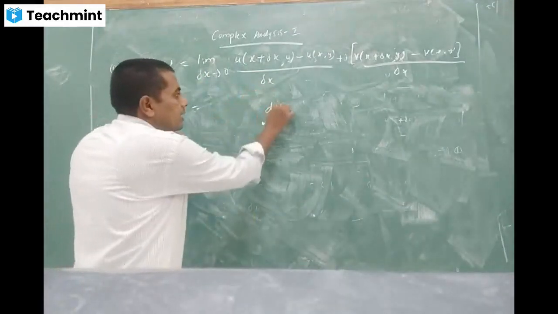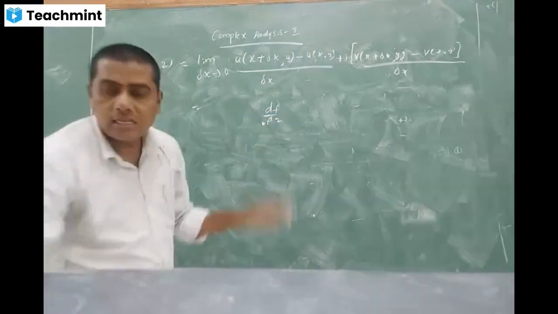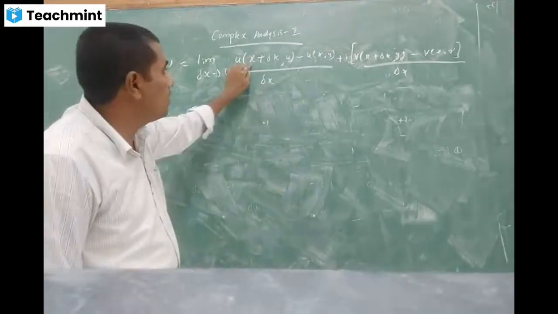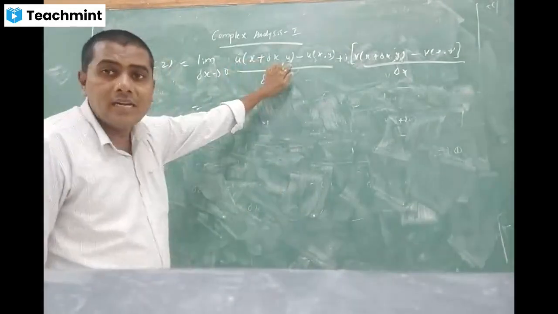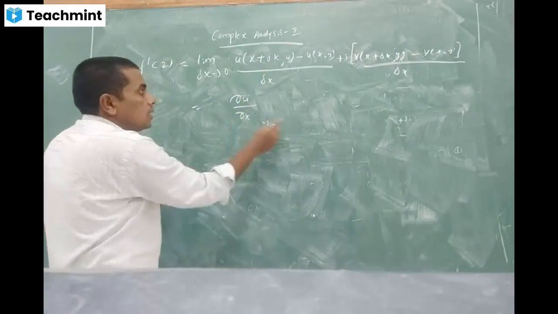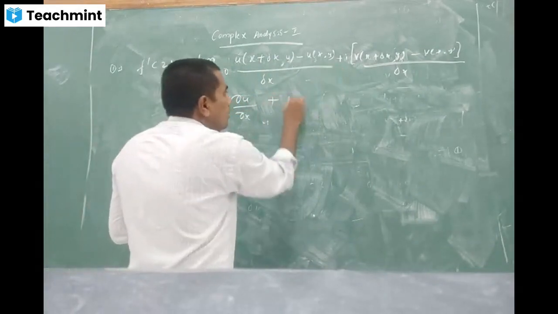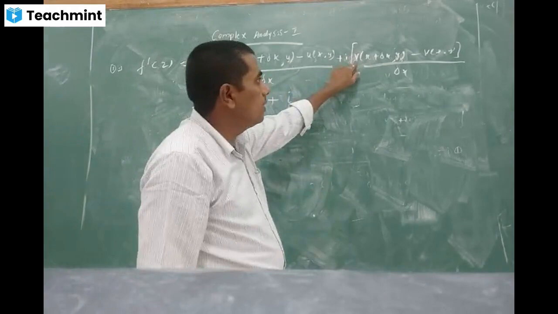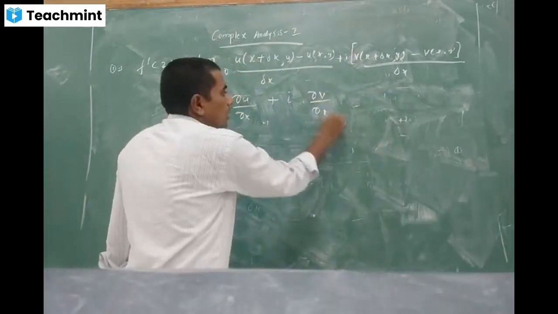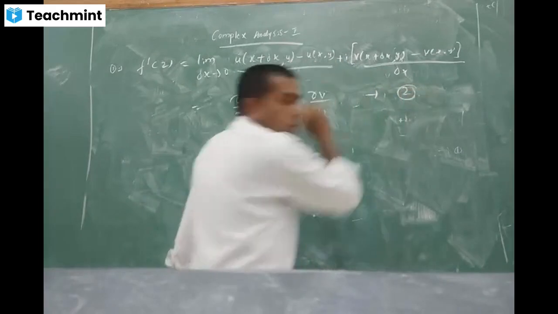Instead of writing df by dz, I am going to write it as a partial derivative because they have two independent variables, that is dou u by dou x plus i into dou v by dou x. Call it equation number 2.